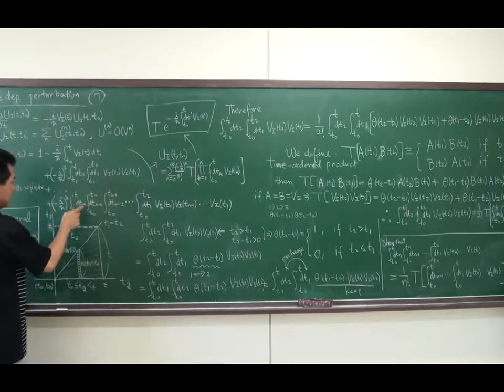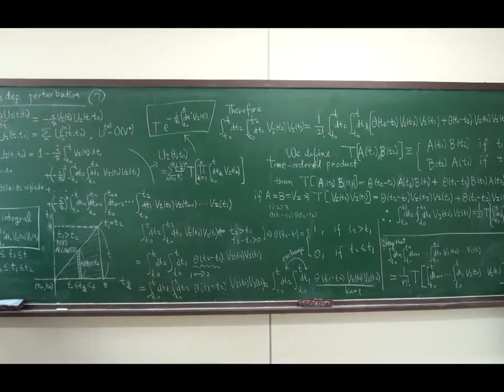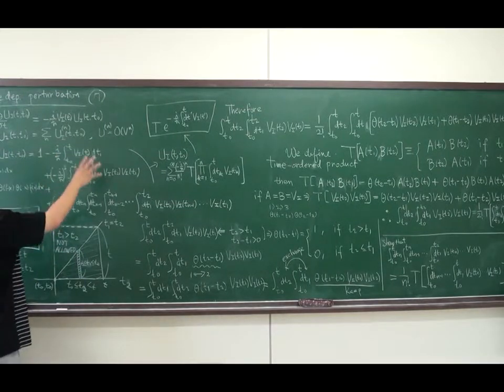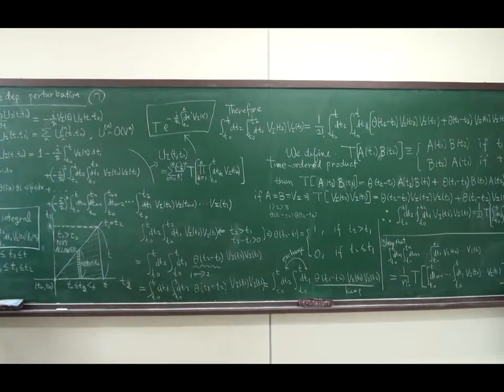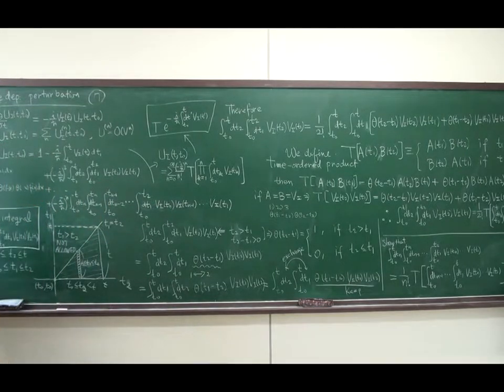And at the final stage, tn runs from the minimum value to the maximum value t. We would like to sum these expressions, this series. But before we consider the whole summation, we would like to see what's happening in the second term. The great difference appears in the second term in comparison with the first order term.